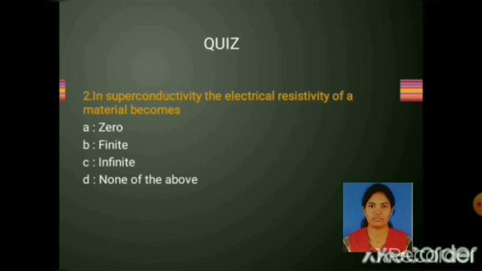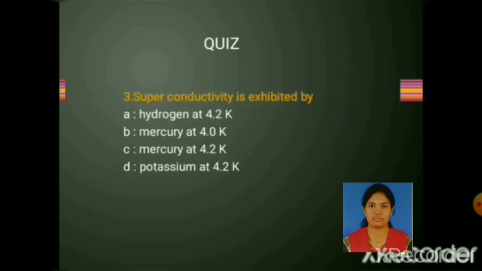In superconductivity, the electrical resistivity of a material becomes: zero, finite, infinite, or none of the above? We have seen in the definition of superconductivity that its electrical resistance is zero.